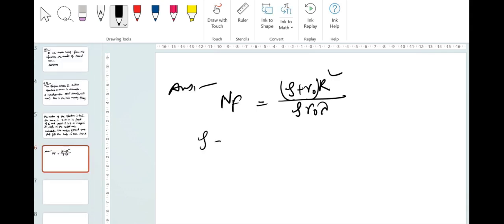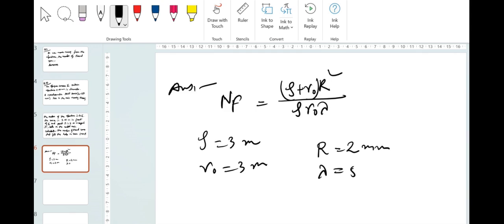Here rho is 3 meter, r naught is 3 meter, capital R is 2 millimeter, and lambda is 550 nanometer.